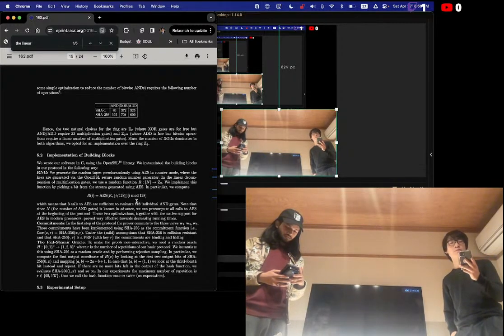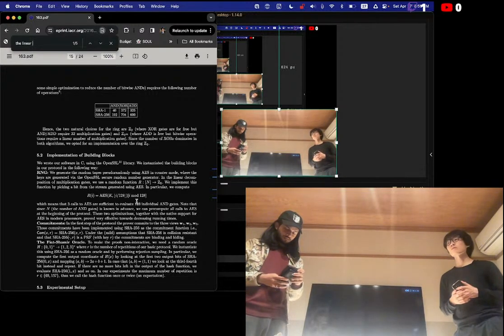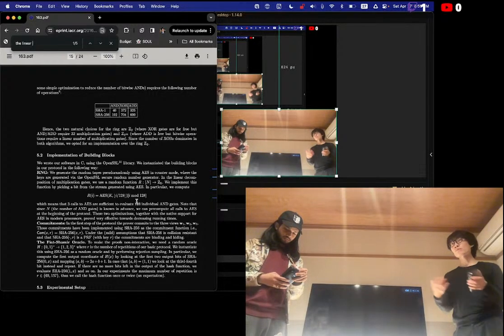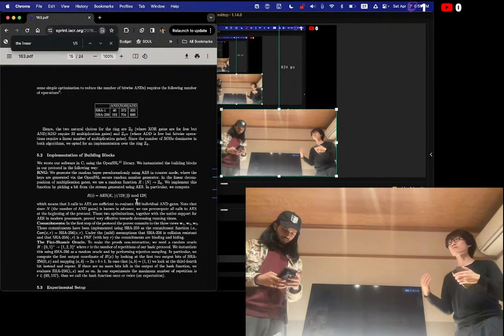I think the motivation of this ZKBoo paper is that when it was published, there were few ZK schemes which could achieve the native field for Boolean computations, but many people wanted to compute SHA or similar computations.